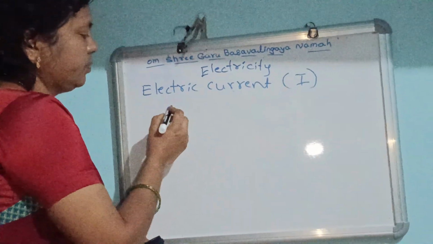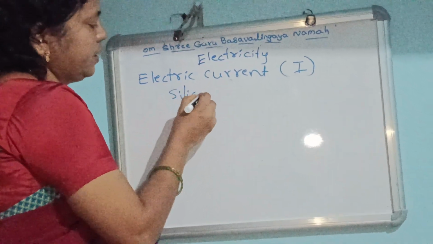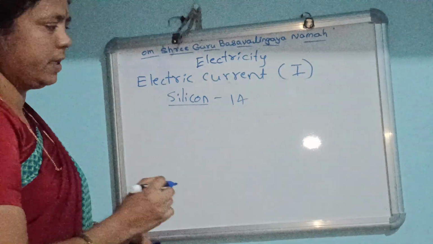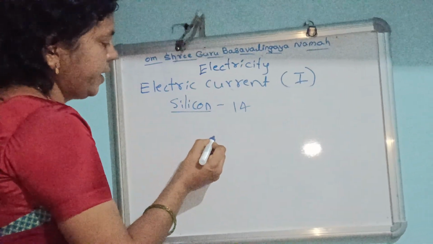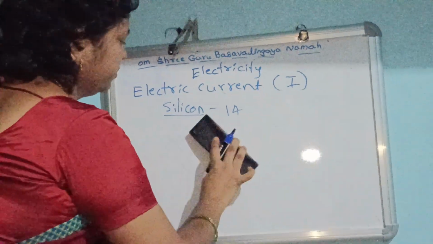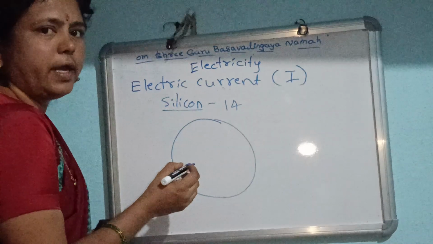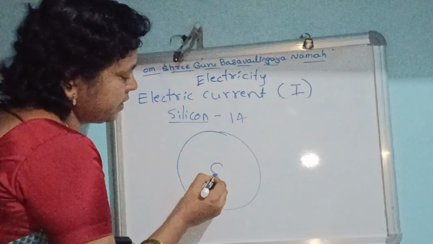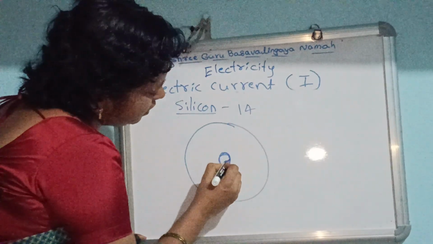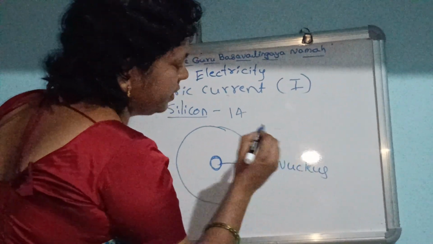Consider, suppose, silicon is a semiconductor. We know that silicon has atomic number 14. Consider a single atomic model. This is the silicon atom. At the center of the atom is the centrally packed nucleus.